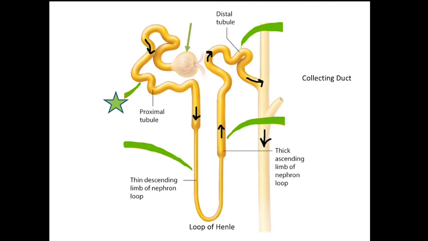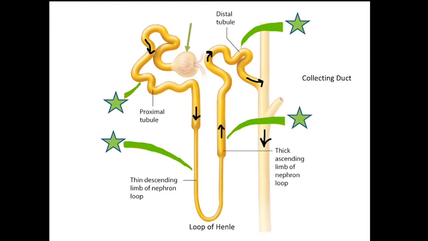From there, the filtrate enters into a loop of Henle with a descending limb as we follow the filtrate downward of the loop of Henle, and an ascending limb following the filtrate moving upward. There are several sections within the loop of Henle, a thick section and a thin section. From the loop of Henle, the filtrate then will flow into the distal convoluted tubule.